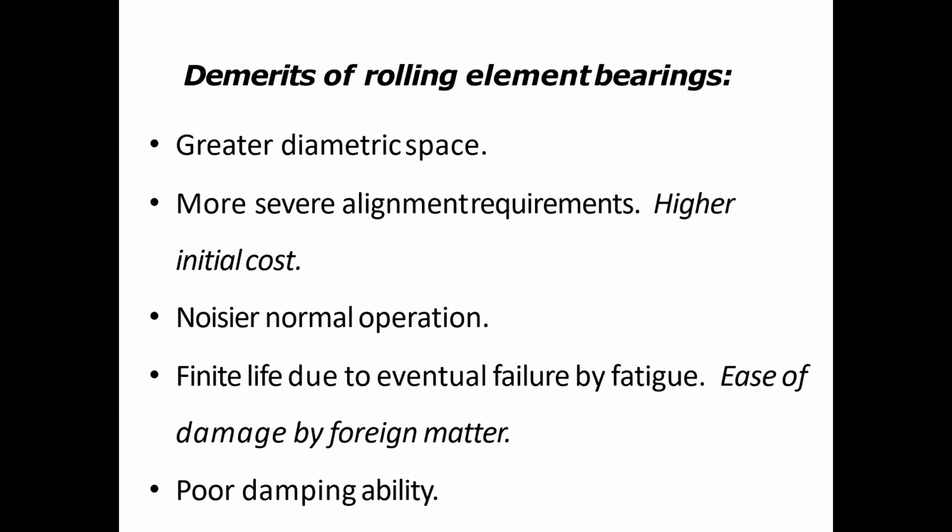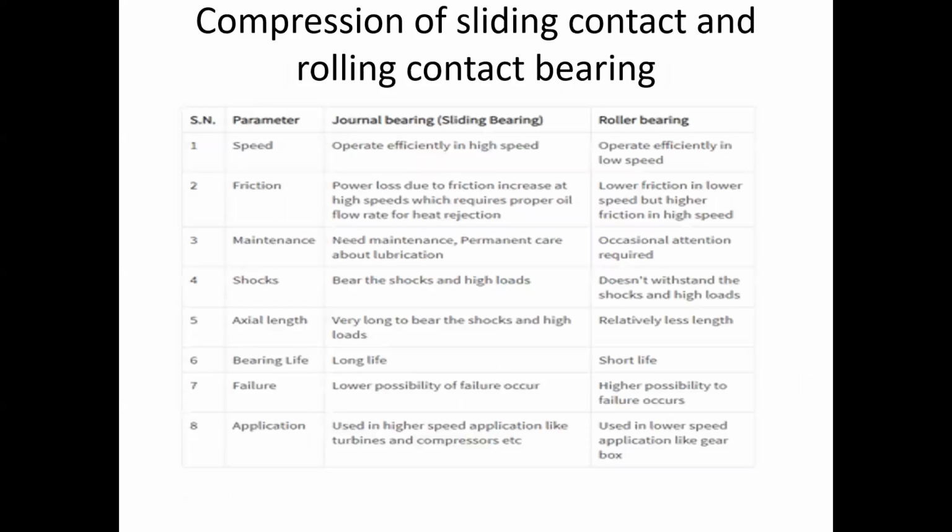They are not able to sustain shocks, because all the parts are very rigid. And for damping, we need flexible parts, like in the sliding contact bearing, we have a fluid film, which has good damping ability. Okay, so these are the demerits of the rolling element bearing.